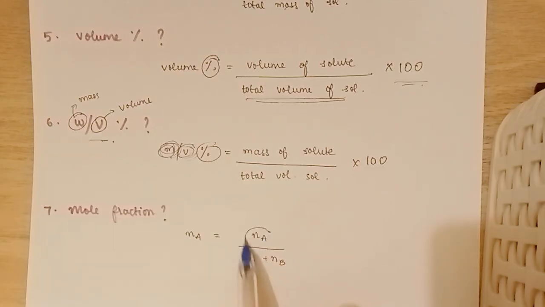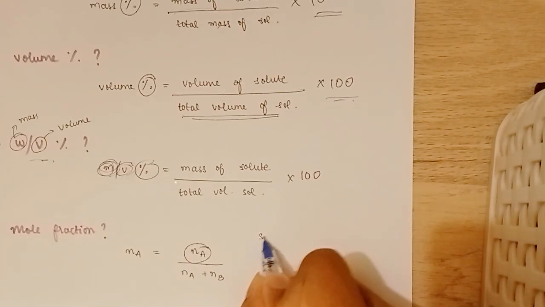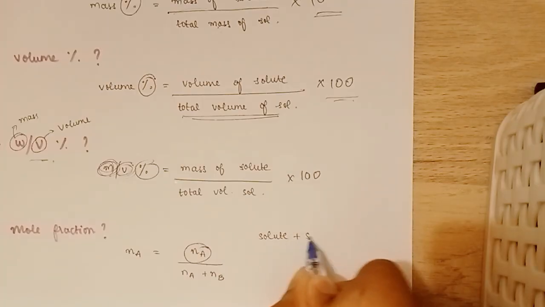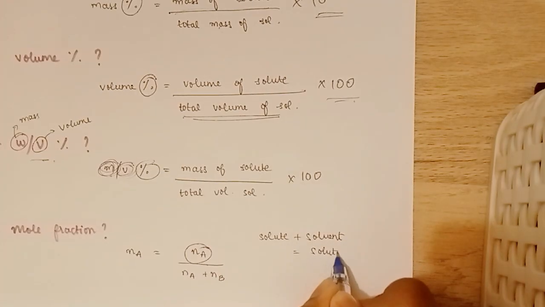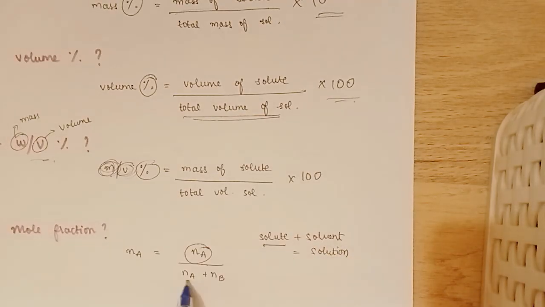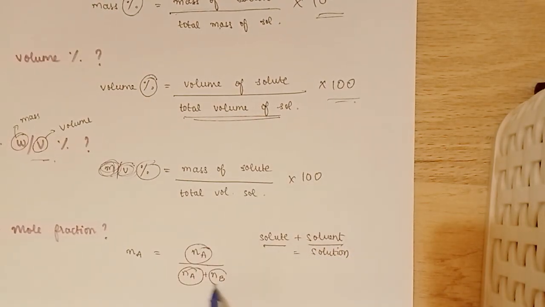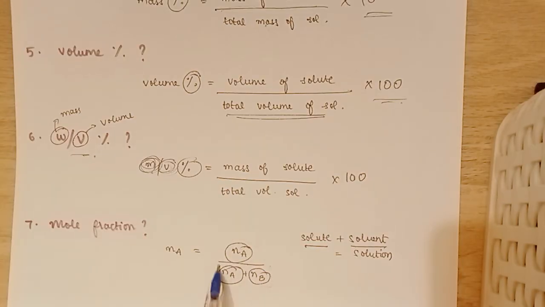That is number of moles of the solute divided by the total number of moles of the solution. Solute plus solvent is equal to solution. So solute is Na, solvent is Nb. So when you add this together, you get solution.